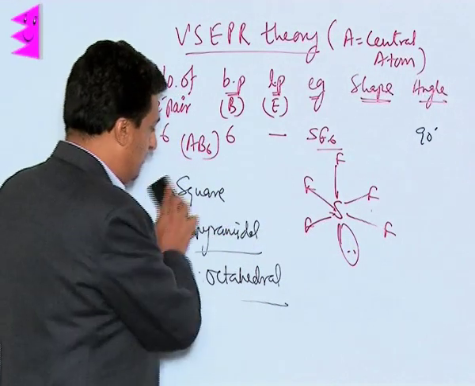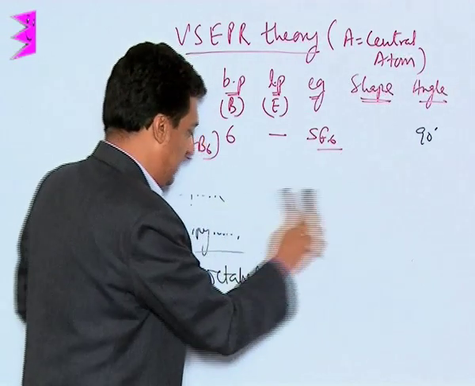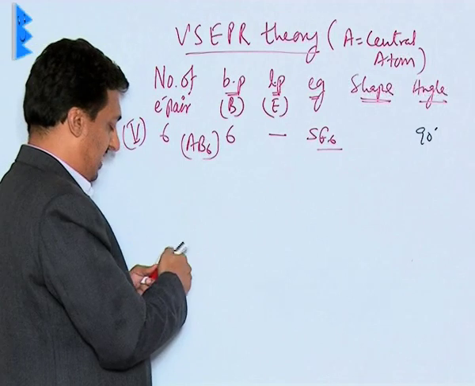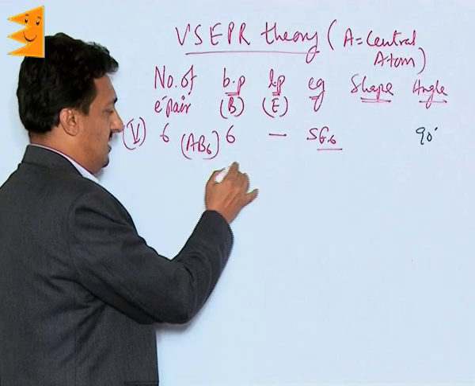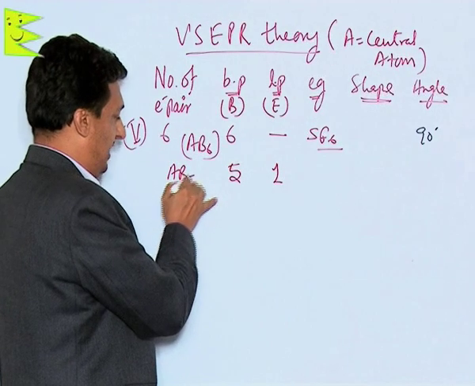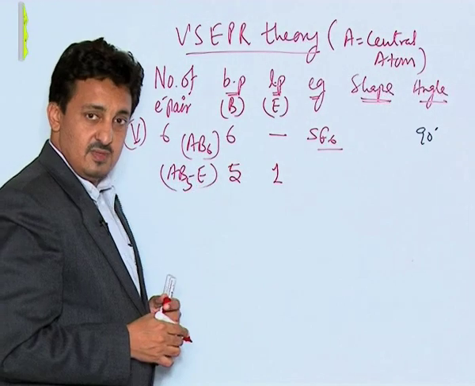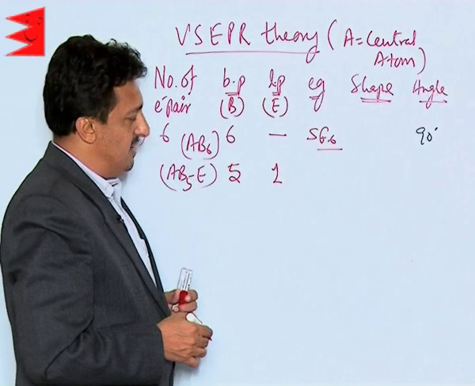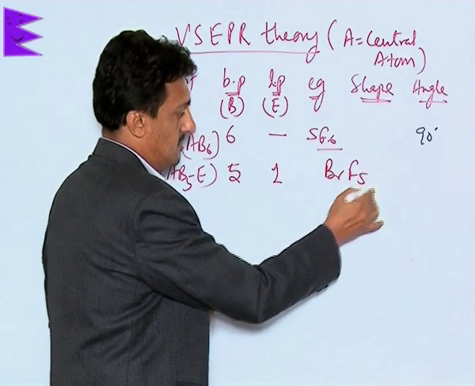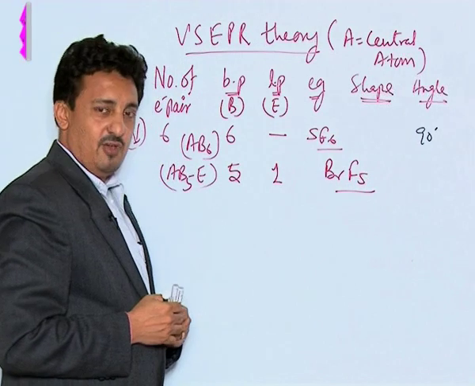So now let us move to the next category of molecular species, under the same heading of 6 pairs of electrons, in which the central atom is having 5 bonded pairs and 1 lone pair. So it's the AB5E category. The example can be bromine pentafluoride.